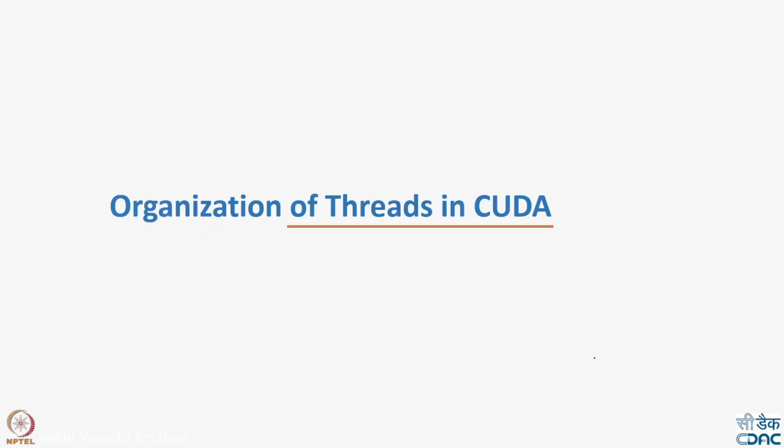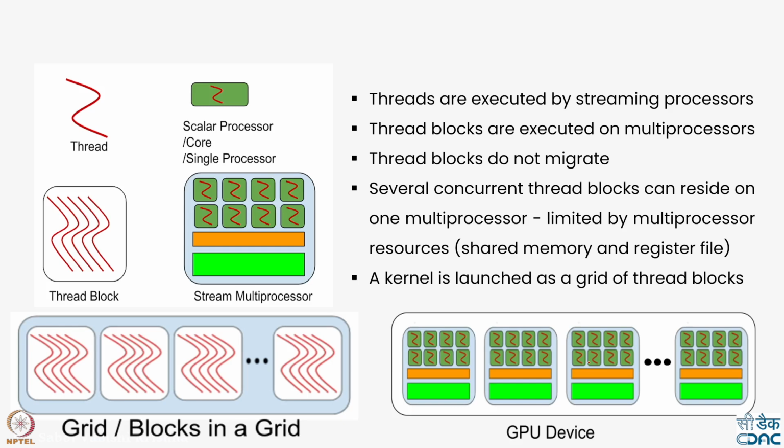Now, let us discuss the organization of threads in CUDA. Just focus on this figure. This part is a software entity and this part you can say is a hardware entity.